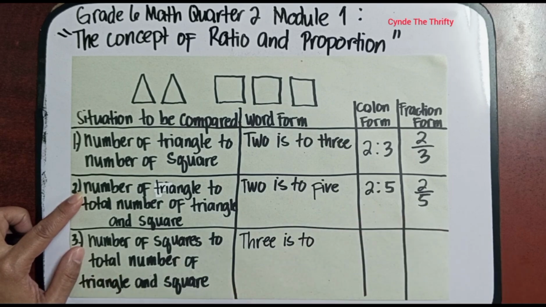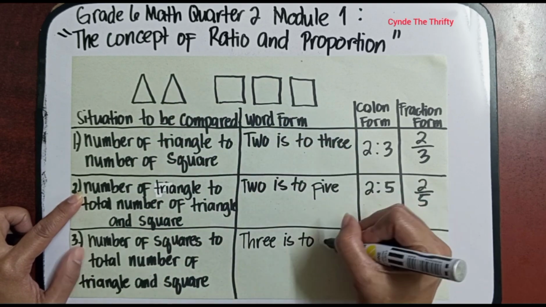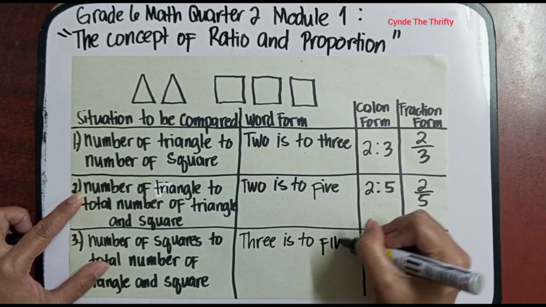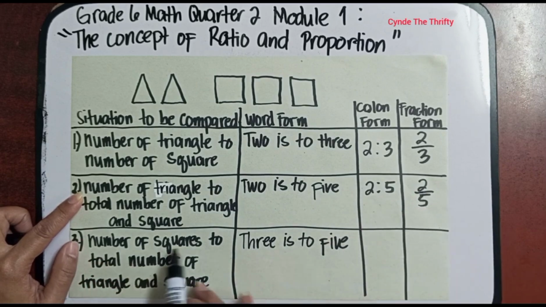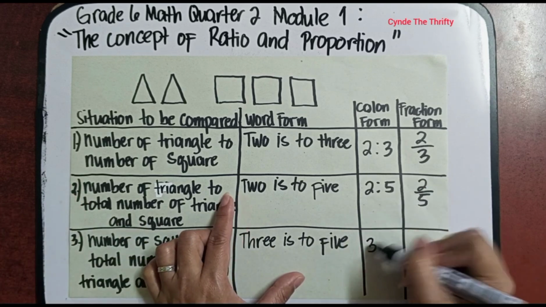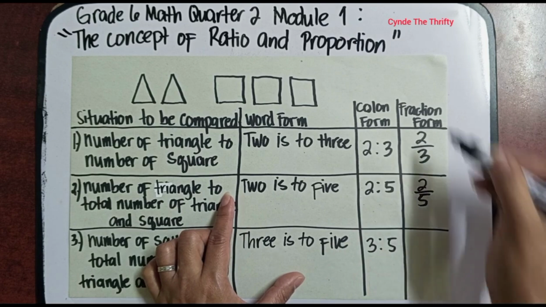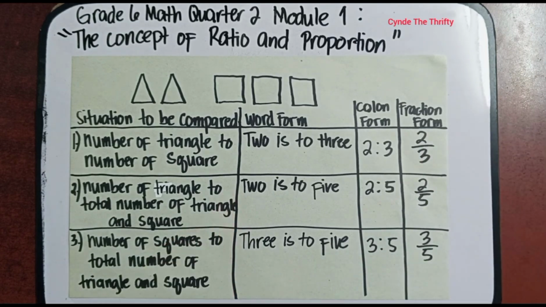So, ilan ang triangle at square? 1, 2, 3, 4, 5. Ayan, so 3 is to 5 ang number of squares to total number of triangle and squares. Sa column form naman, 3 is to 5. And then ang fraction form, 3 over 5.